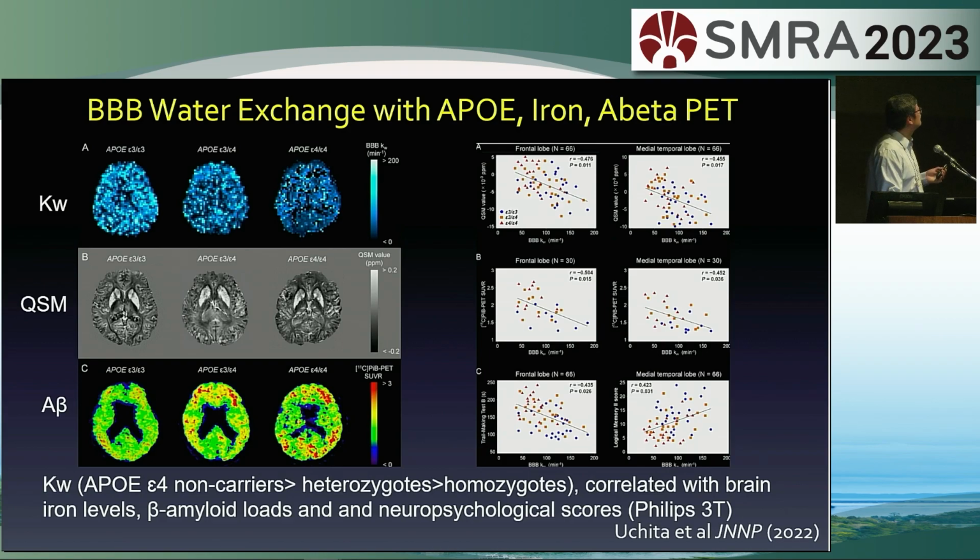He found that with a higher load of ApoE4, KW decreased, QSM increased, and PET A-beta 42 deposition increased. So these are correlated with each other as well as with cognition. This is independent validation.